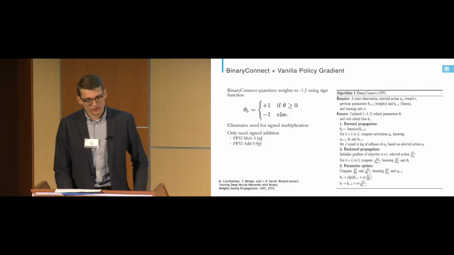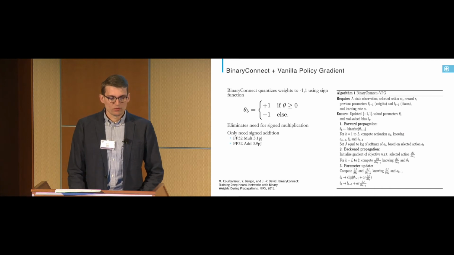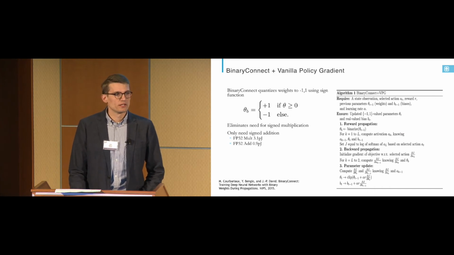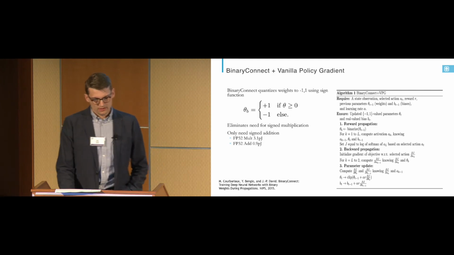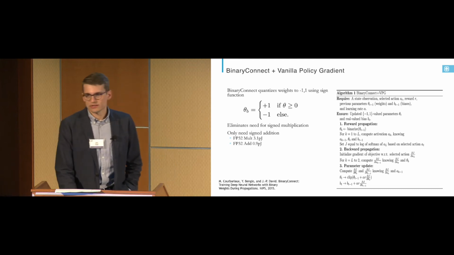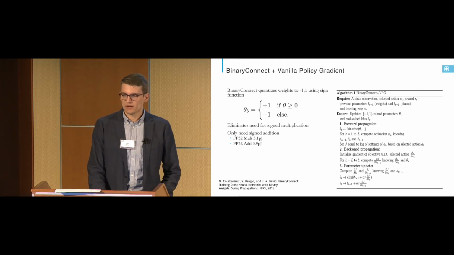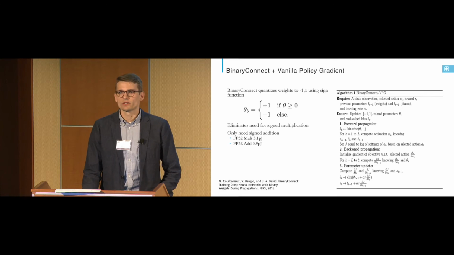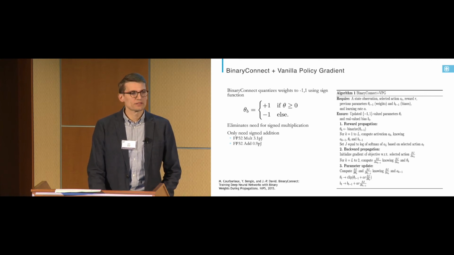Okay, so this is the quantization method that I used. It's called BinaryConnect, and it came out 3 years ago. It was one of the earlier DNN optimization methods, and essentially all BinaryConnect does is put each of the full precision weights through a sign function during the forward pass.